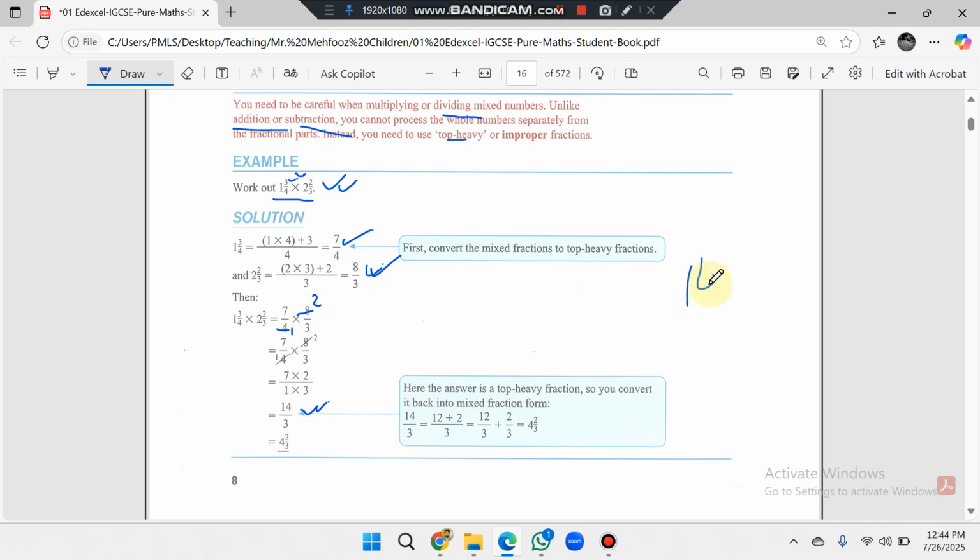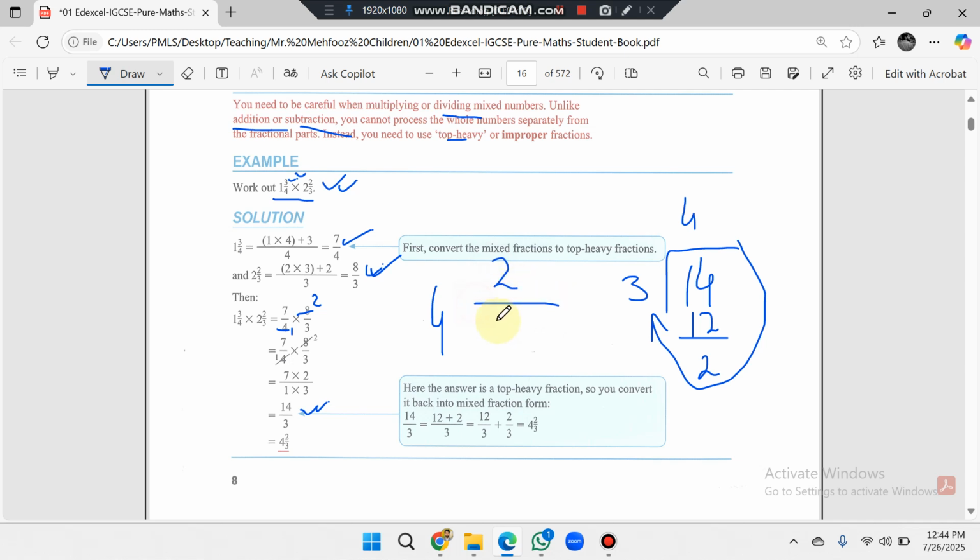We write 14 inside the division bar, then divide it by 3. 3 fours are 12, right? So the remainder is 2. So it can be written as 4 whole 2 over 3. This is your answer. Okay.